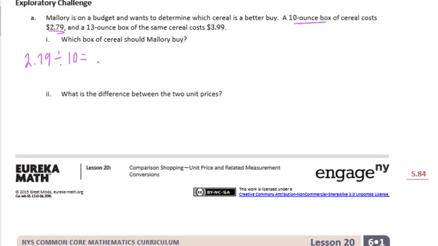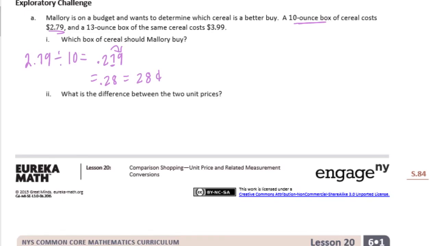So this would be equal to 279 thousandths per ounce, but that's not an amount of money, so we're going to need to round it to the hundredths place because that's where money is rounded to. So this would actually be 28 cents for the 10-ounce box.